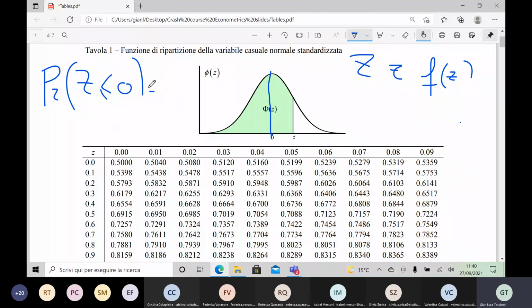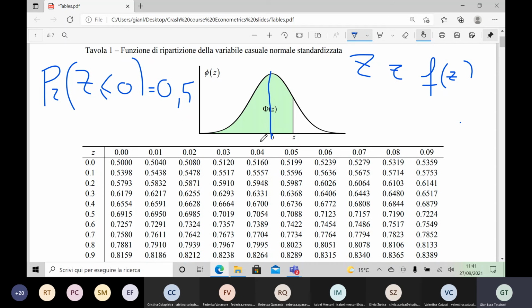In other terms, 0.5 is the probability that a standard normal random variable, capital zeta, will assume a value smaller than small zeta, when small zeta in particular is 0.00. Look at another one. What is the meaning of this number? This number always represents the green area, the probability on the left of small zeta.